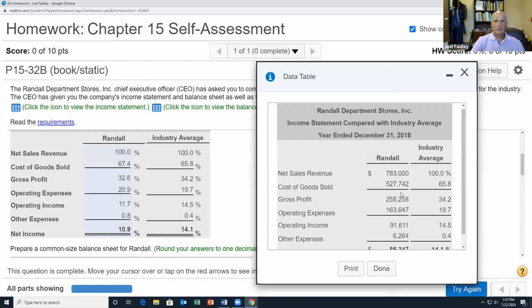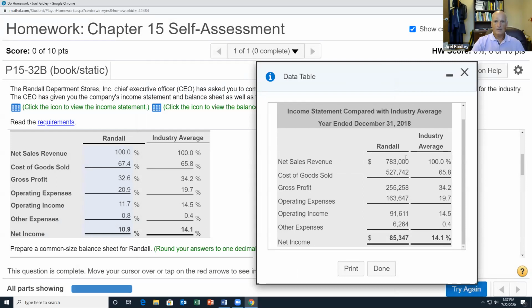So 783 divided by 783 is 100. 527 divided by 783 is 67.4. 347 divided by 783 is 10.9. And so then you plug in the industry average and then you can compare. This says my cost of goods sold is a little higher than the average, which means my gross profit's a little lower, isn't it? My margins are a little lower.